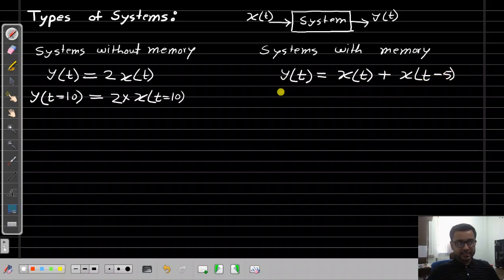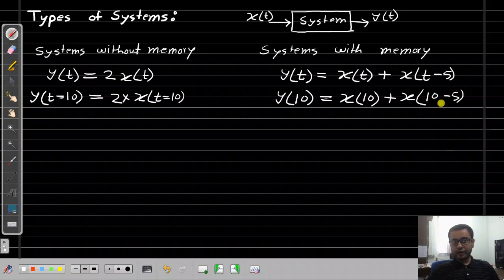In this case, to calculate the value of the output at time 10 seconds, I need to know the value of the input at time 10 seconds as well as the input at time 10 minus 5, which is 5 seconds. So, to calculate the output at 10 seconds, I also need the input of a previous, past time.